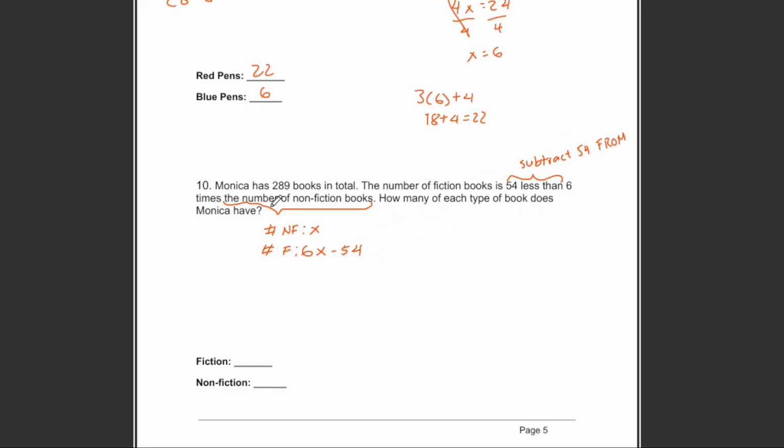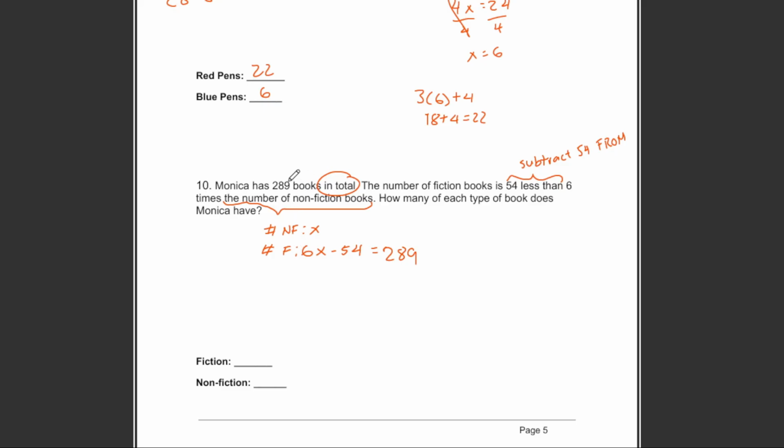Now it says how many of each type of book does she have, right? And so once again, this looks very fancy, okay, but that doesn't mean that this is equal to 289. Read the question very carefully. It says she has 289 books in total. So she doesn't have 6x minus 54 equal to 289 fiction books, because this expression, 6x minus 54, is just the number of fiction books.